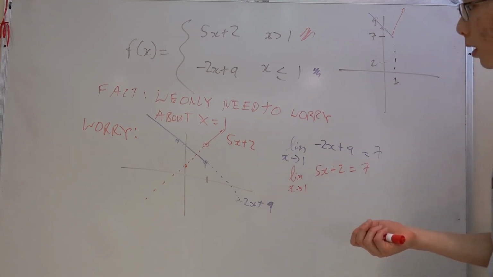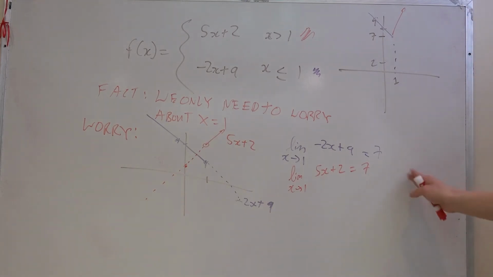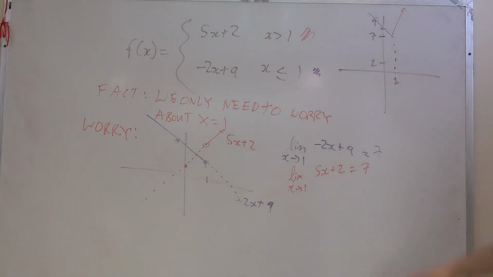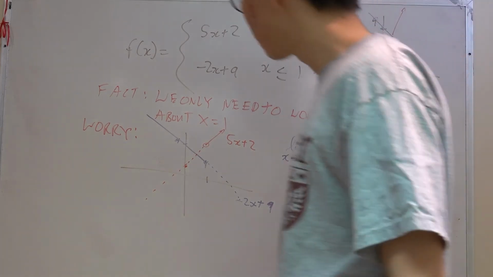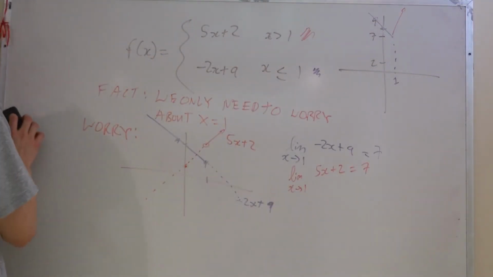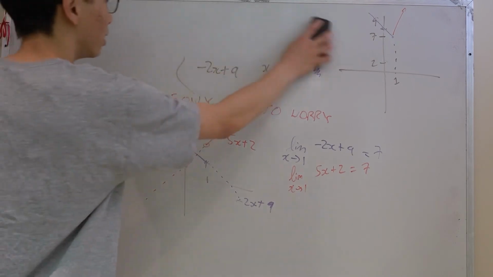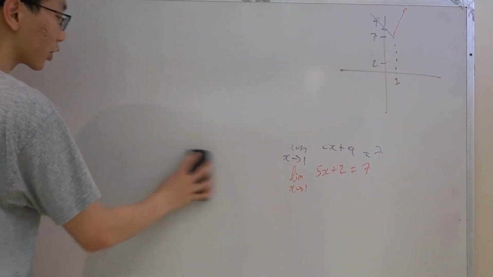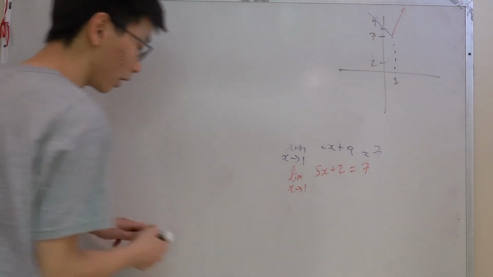Okay? Now, of course it's important that f is actually defined at 1, which is why I have the equal sign here. So it is equal to 7, this thing approaches 7, so we're fine. Okay? This illustrates the important fact that I'm going to write above. And we're going to use this actually to solve the next problem a little bit faster.